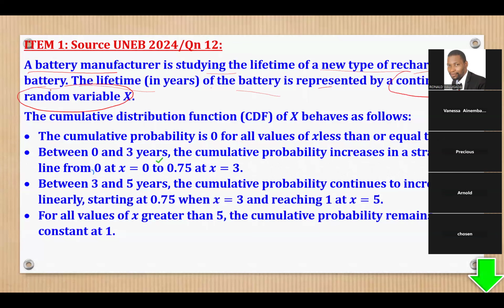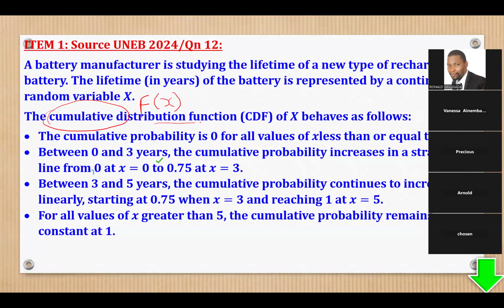If they don't specify, you could see this and no. Do you see these decimals? They're the ones who can tell you that it is now continuous. Okay, but the good thing they have specified for us, continuous random variable. Okay, the cumulative, do you see this word? Cumulative means we are now dealing with capital F. If you see cumulative, we are dealing with capital F.